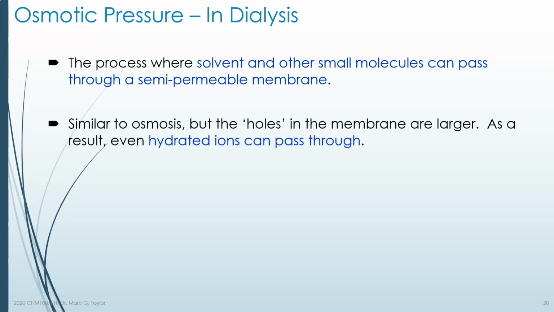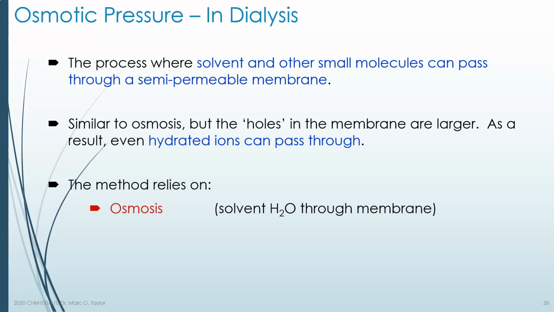So it's very similar to osmosis, but it also includes other small molecules. So it's a more general diffusion of the particles, and a lot of ions can pass through too sometimes, as long as they're completely hydrated. They're surrounded by waters, and the holes are large enough for that to happen, but that won't always happen.